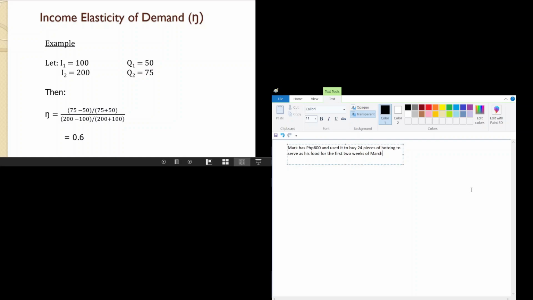Let's consider another example. So, for example, we are given a word problem. Mark has 600 pesos and used it to buy 24 pieces of hot dog to serve as his food for the first 2 weeks of March. And then on the third week, he has only 400 pesos. So he was able to buy only 15 hot dogs.